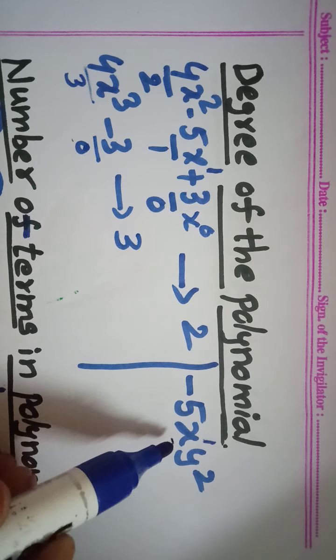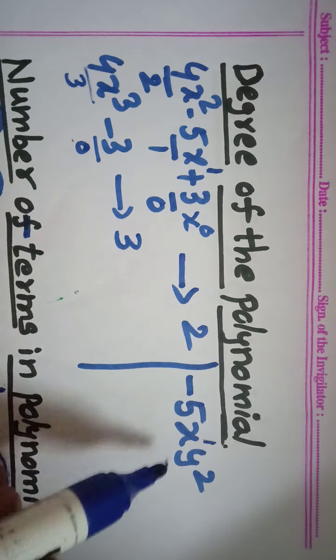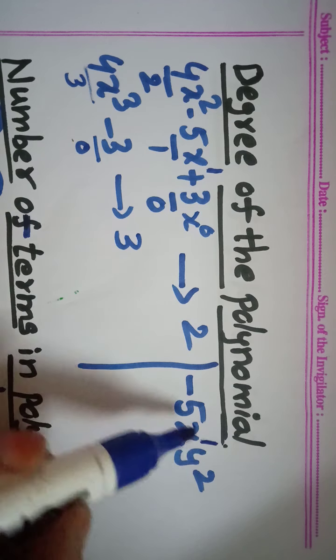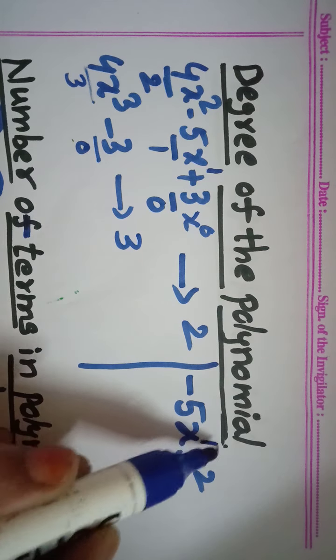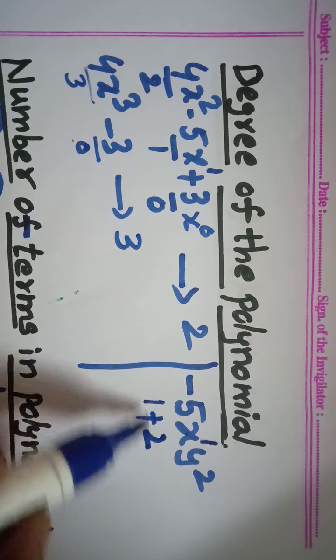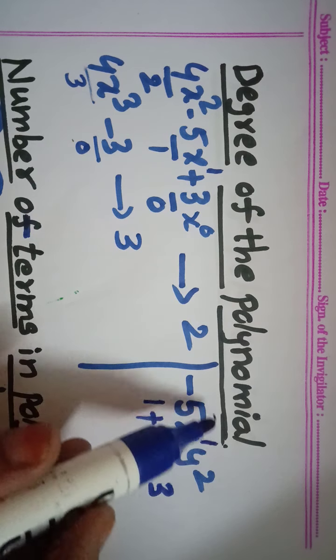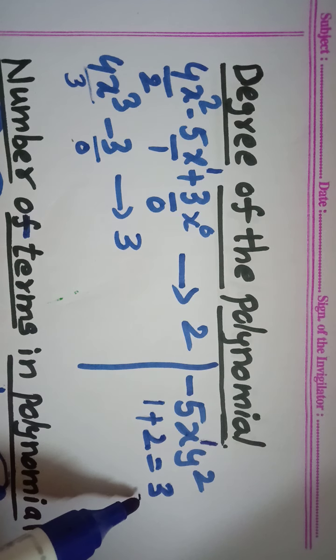So only a single term is there in this polynomial. So how can you say the degree of this polynomial? In this case we have to add the powers. So the x power is 1 plus the y power is 2. So total is 3. So the degree of the polynomial minus 5xy square equals 3.